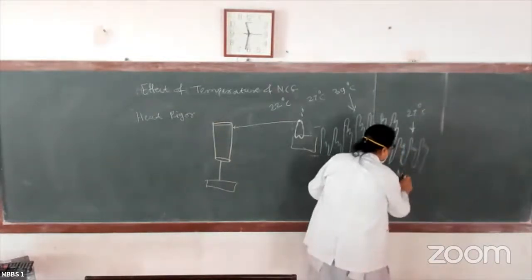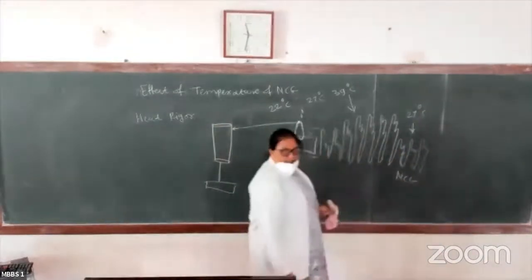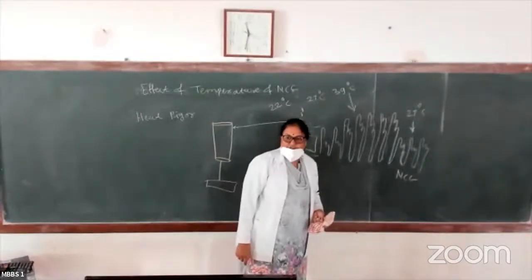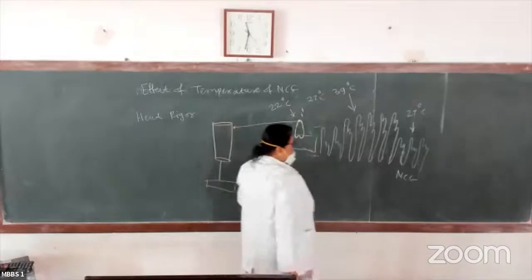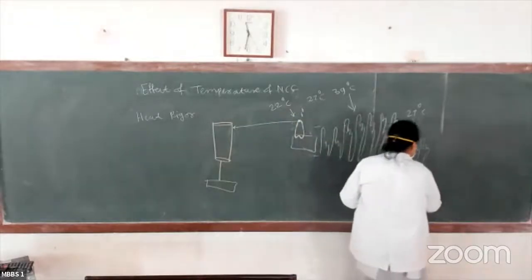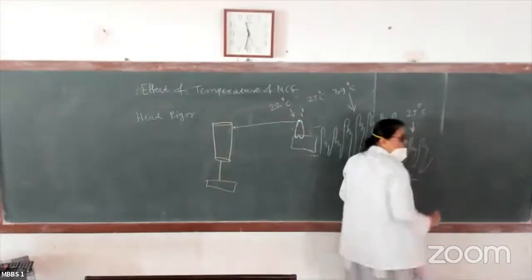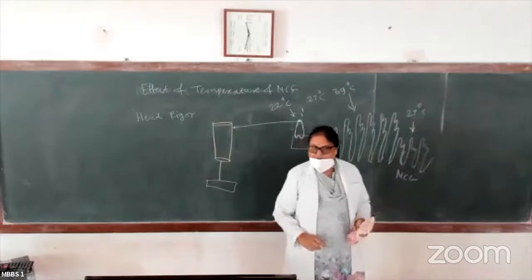This is again a normal cardiogram. After recording 2 to 3 beats of the normal cardiogram, we pour the cold ringer of 22 degrees centigrade and record the graph. What happens after pouring the cold ringer solution?